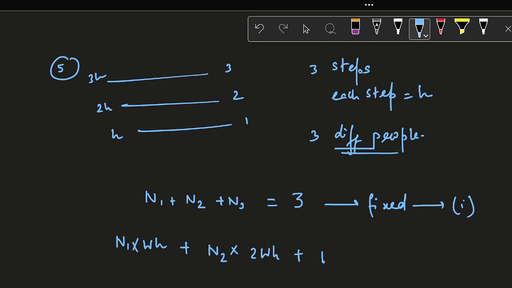And for the third step, where n3 people are standing, the potential energy for each person is 3Wh, so it is n3 times 3Wh. So this is our total. And you are given that the total energy should be exactly 8Wh. So this is also fixed. You have to find a configuration where the total energy is 8Wh. So this is our constraint number 2.